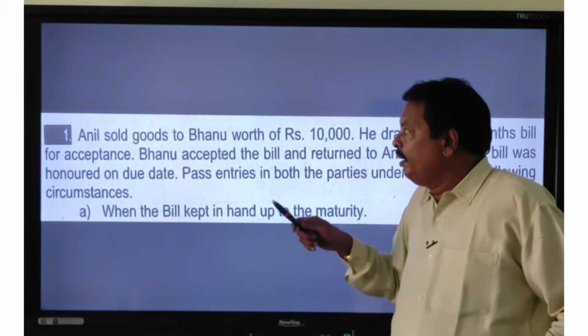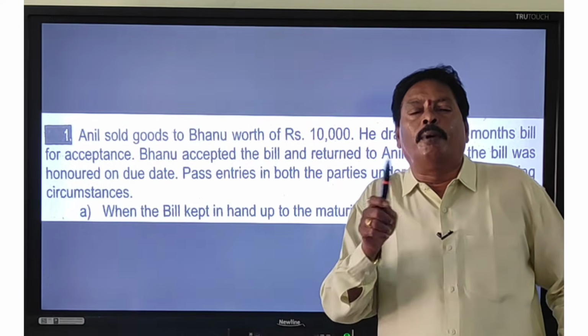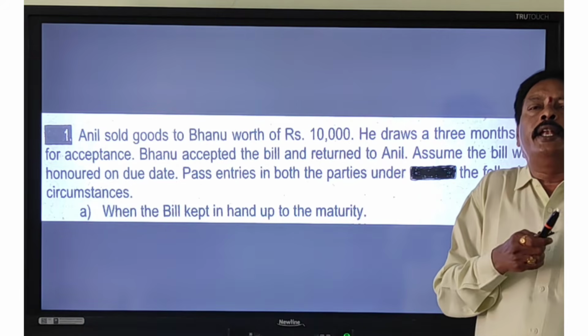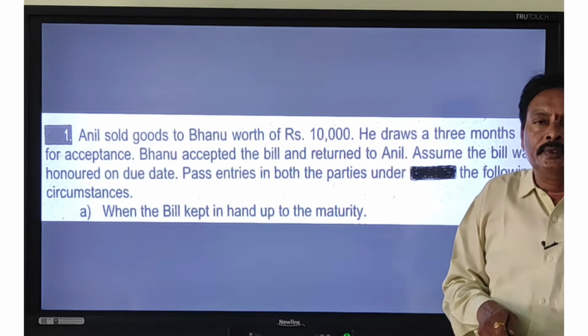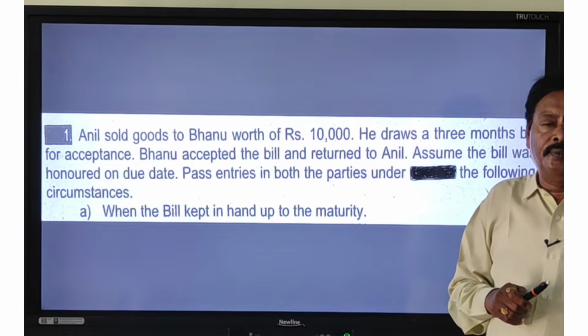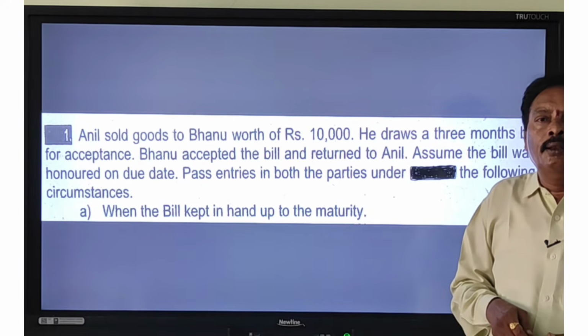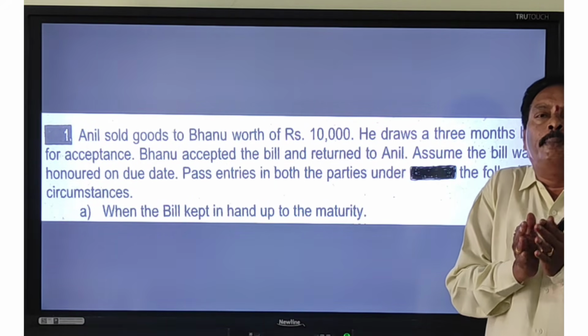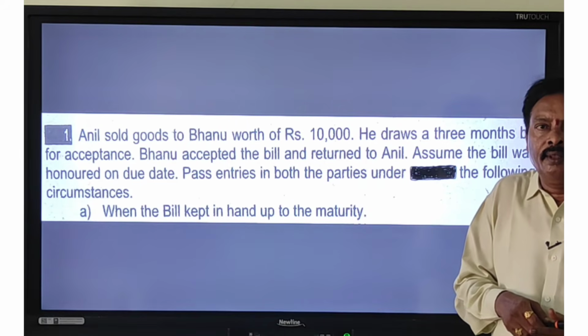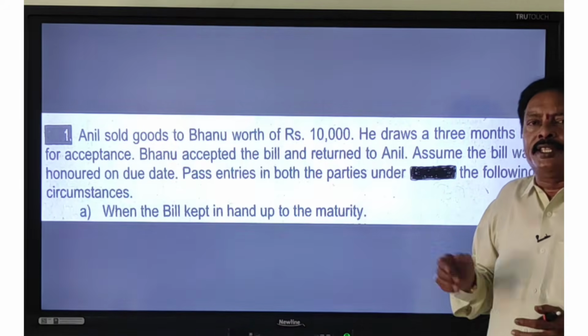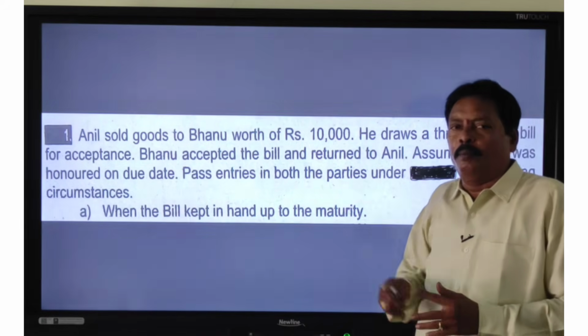After that, Anil drew a bill on Banu and got acceptance from Banu. That is the second situation. And the third one is that Banu, on the due date, honored the bill. These are the 3 transactions given in the problem.